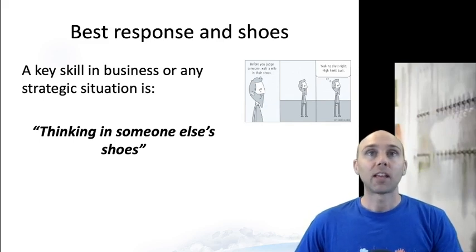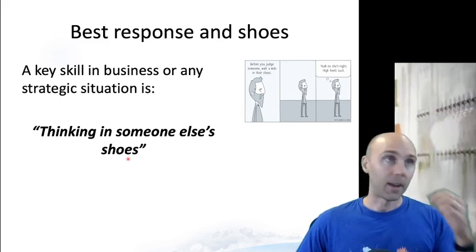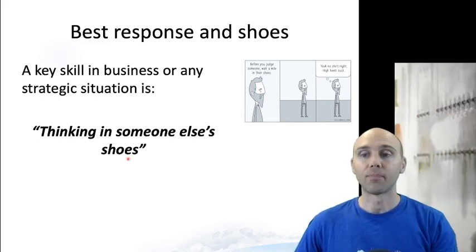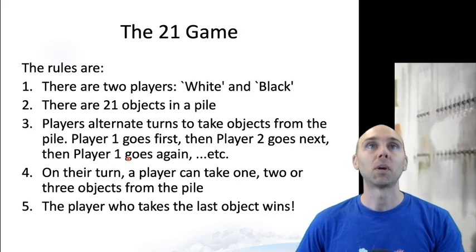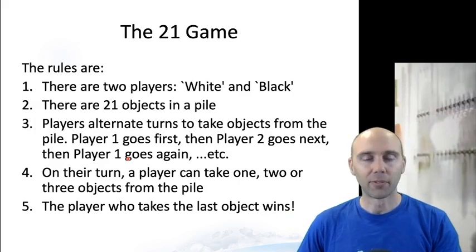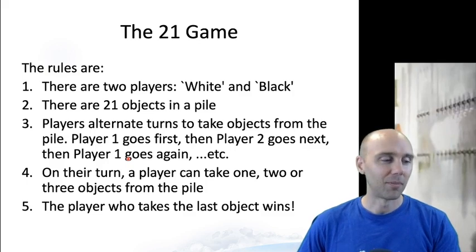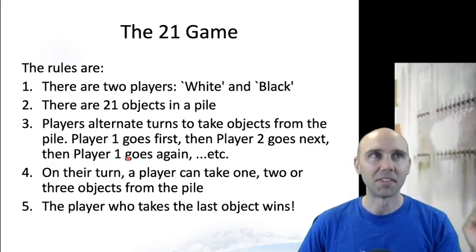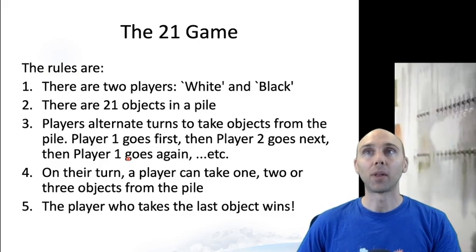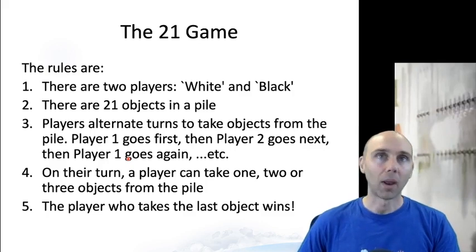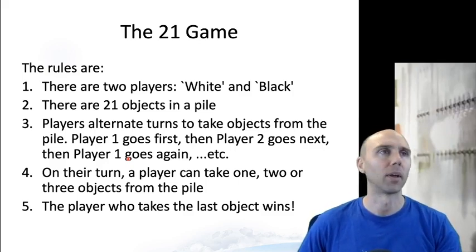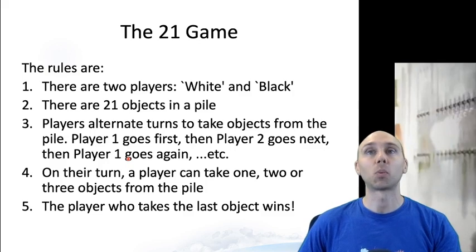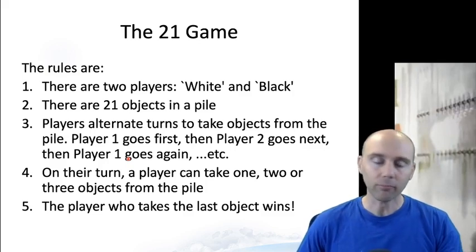So the first example, I'm going to call this game the 21 game. Aren't I creative? The grade game and the 21 game. Some of you might get a memory jog when you see the rules. There are two players, player 1 and player 2. There are 21 objects in a pile.